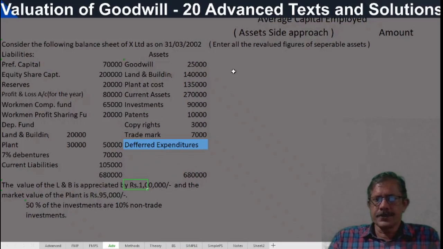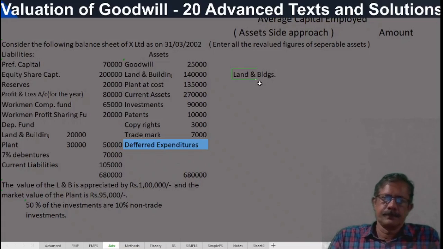So land and buildings we can take. The new value should be taken. Here book value: what is the book value of land? 1,40,000 minus 20,000, and it is appreciated by 1 lakh.